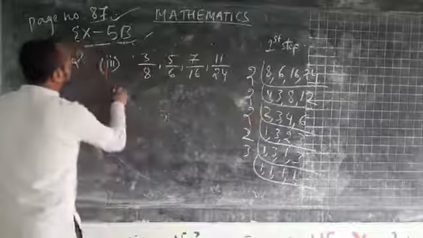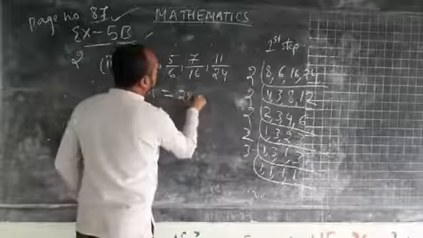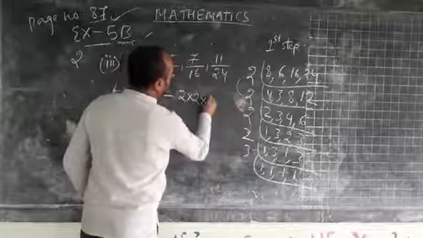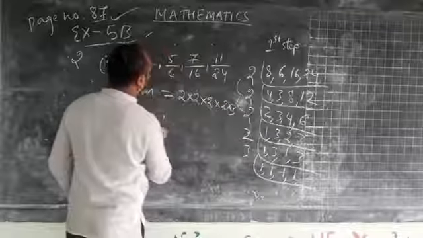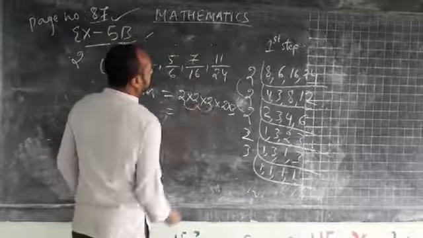So LCM equals 2 into 2 into 2 into 2 into 3.